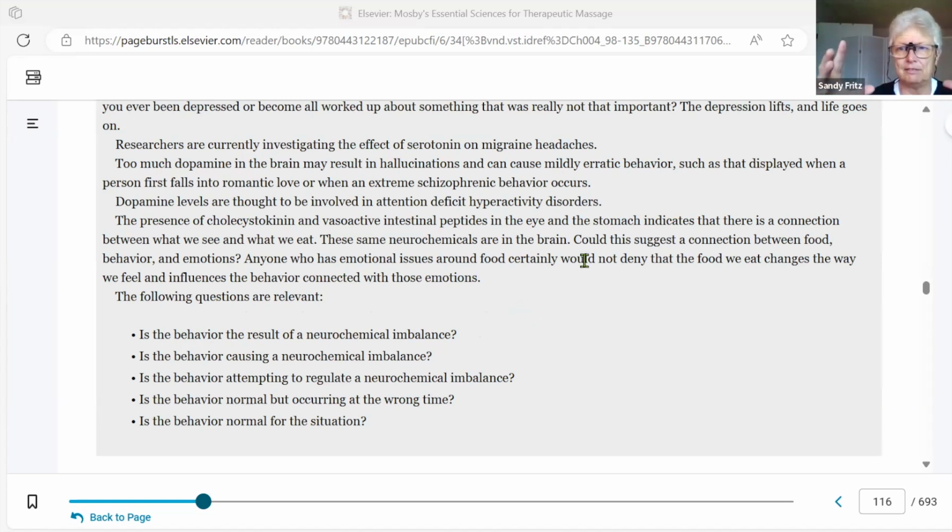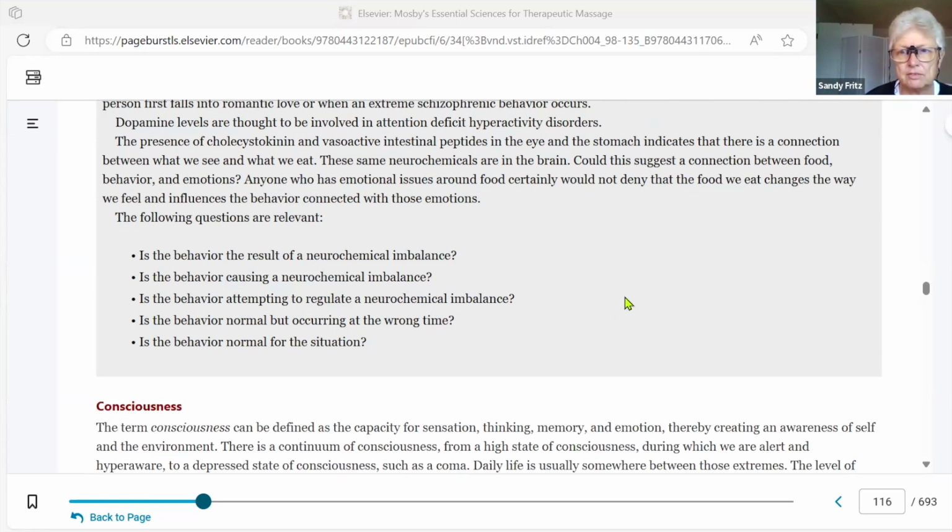So it's a kind of a chicken or egg. Is the person trying to cope with something and that's causing the neurochemicals to shift? Or are the neurochemicals a little out of whack and that's influencing the behavior? Is the behavior somebody is displaying an attempt to regulate neurochemical imbalance? I explained that up there a little earlier with the food examples. Is the behavior a normal behavior but occurring at the wrong time?